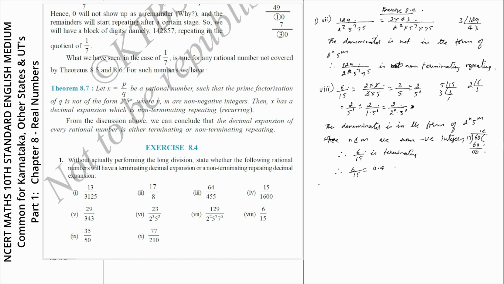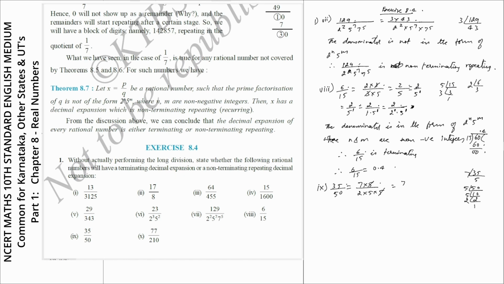Next sub question is question 9. Given is 35 by 50. If I factorize 35, 7 5s are 35. Then factorizing 50, 5 10s are 50, then 5 2s are 10, 2 1s are 2. So this is equal to 7 into 5 over 2 into 5 into 5, so I can cancel.